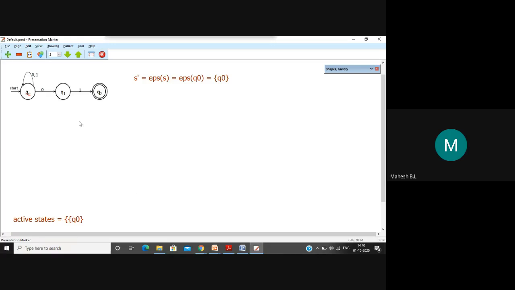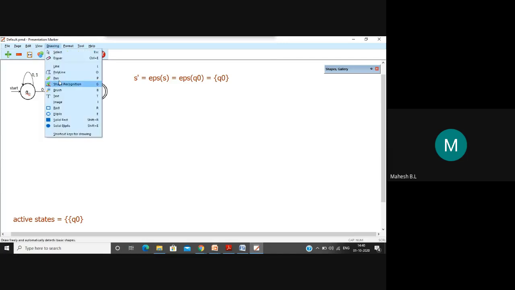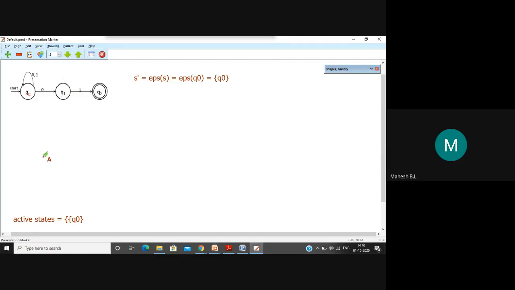So what you need to do is, we need to compute delta dash of Q naught comma 0.